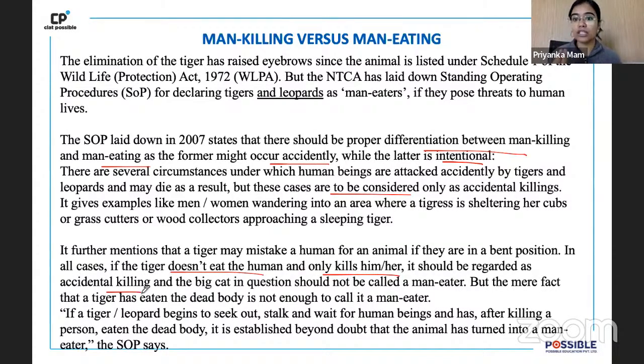That it did not kill for food, it killed in self defence. Okay, I am sure the whole IPC is coming to your mind, it should, yaar. Okay. Then if a tiger is seeking out, it is making a whole plan, that is your intention, preparation, attempt, commission, that it is seeking out, it is stalking, it is waiting for its prey, and then after killing the person, it is also eating the dead person. That is when it becomes a man eater. That is when you will kill that tiger.